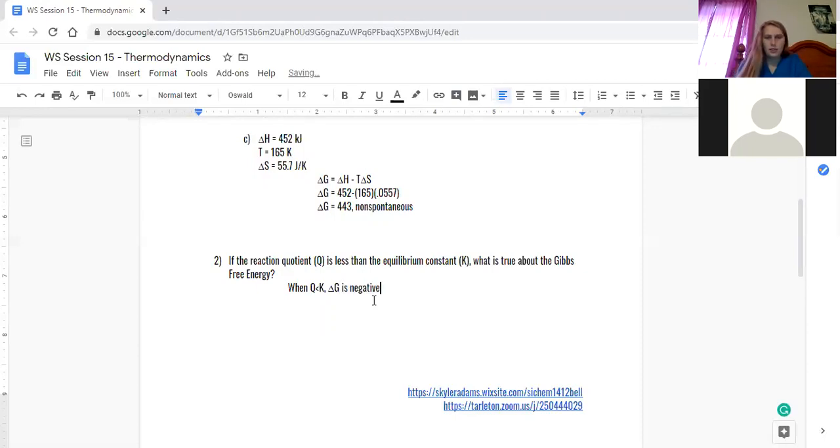I think we might have had this on our last one. I think I might have repeated this. I apologize if I did. Which means that it is spontaneous. Delta G is negative, then it's spontaneous. And just like we were talking about here, if delta G is positive, it's not spontaneous.